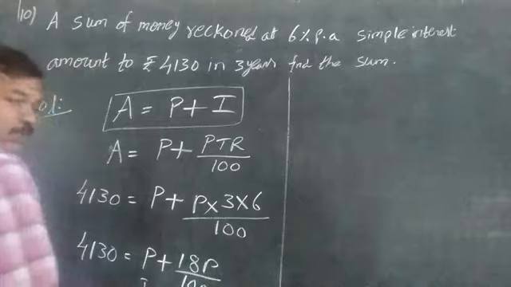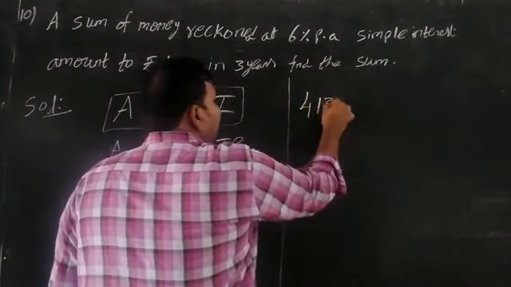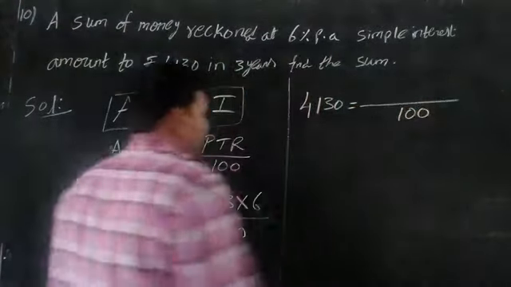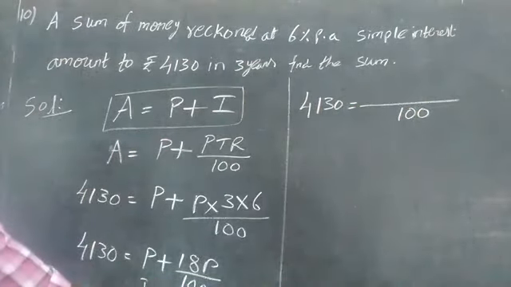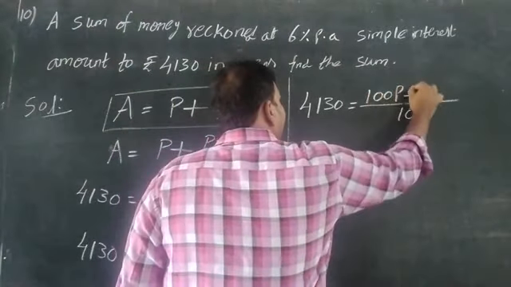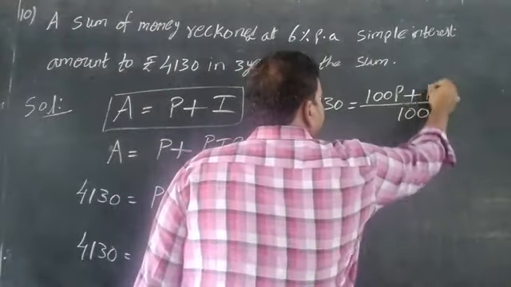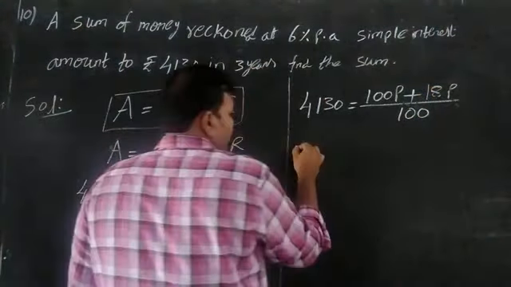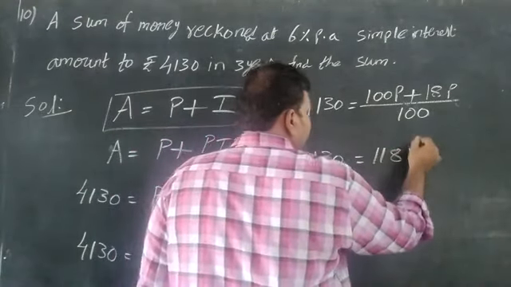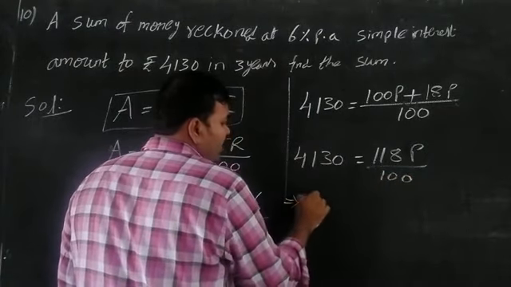Take P as P by 1. The LCM of 1 and 100 is 100. So 4130 is equal to 100P plus 18P, that is 118P by 100.